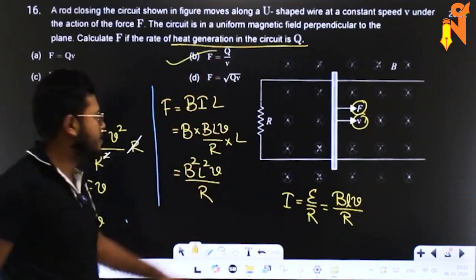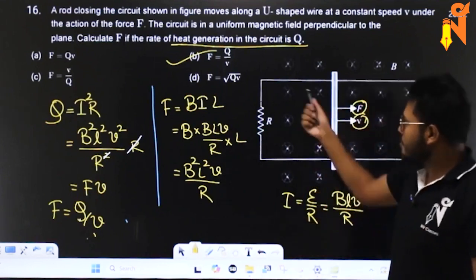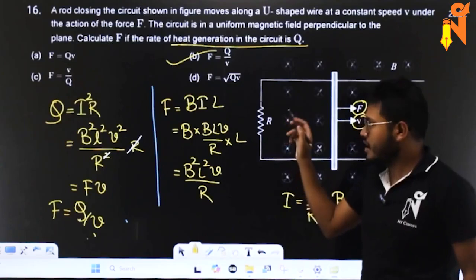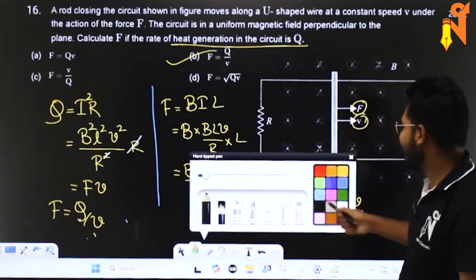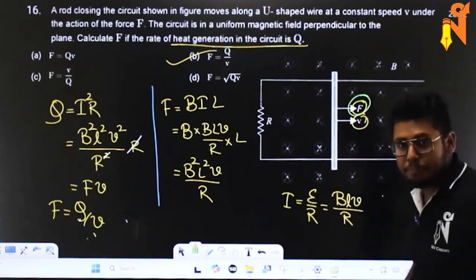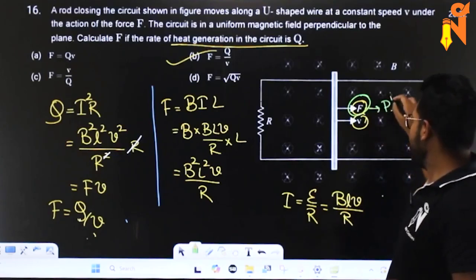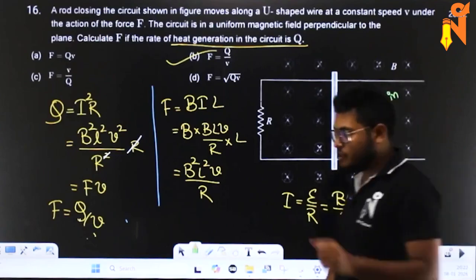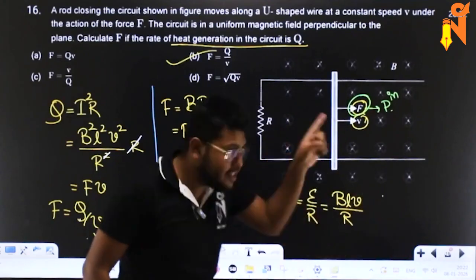Here also, if you apply the simple logic, the power will be dissipated through the resistance here, and let me apply the logic and solve this quickly. Whatever force I'm applying, that force is giving some power. Some power I'm giving here, power input. Now look, it is moving with the same speed. Magnetism does not have any potential energy involved. Kinetic energy is constant. Why?